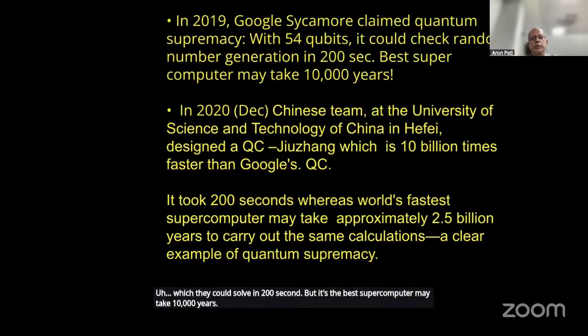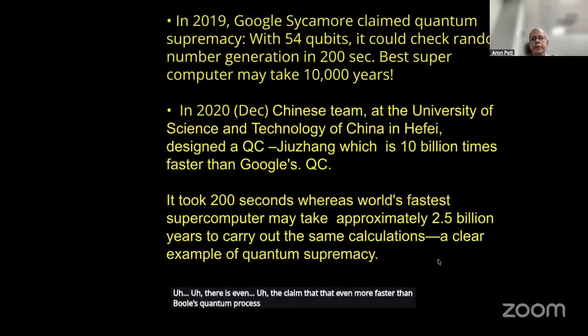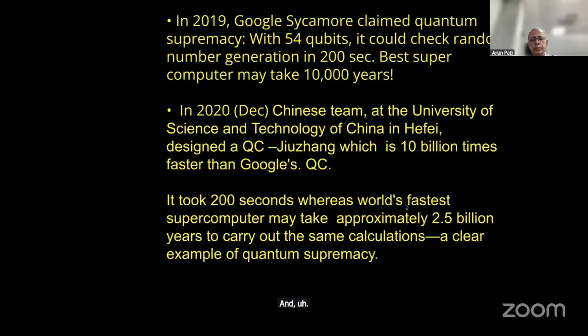And in 2020, a Chinese team built another platform that they claim is even faster than Google's quantum processor, in fact 10 billion times faster than Google's processor. And with their device, they could do some tasks.